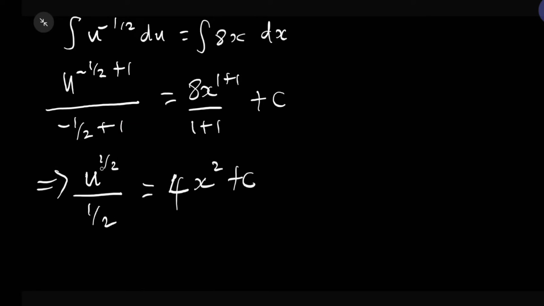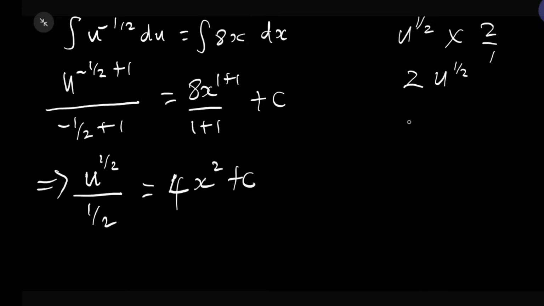So we just want to make this look nicer. If u raised to power half is divided by half, this means we're multiplying by 2 over 1. You see that? So you have 2 times u raised to power half.